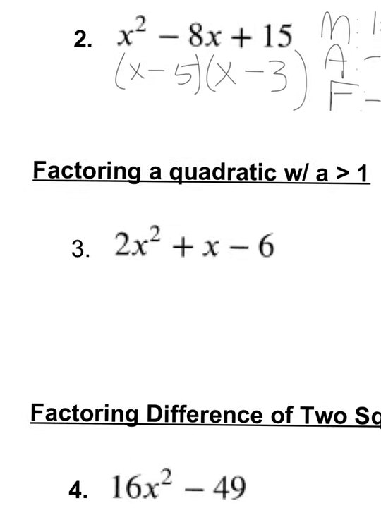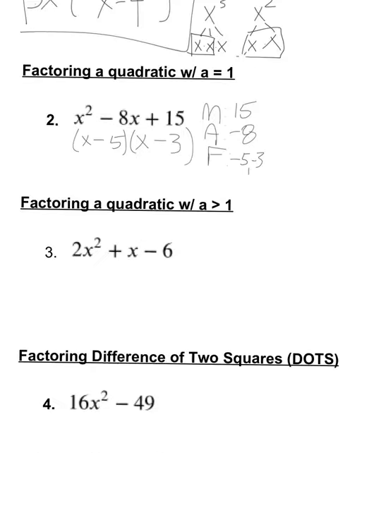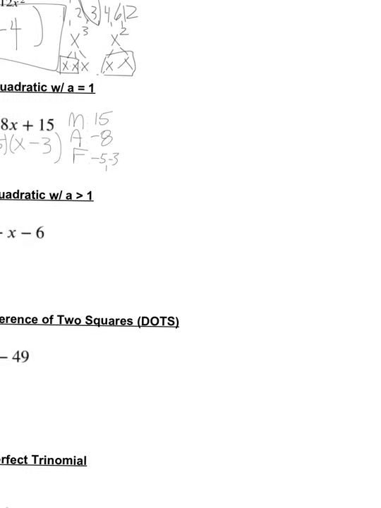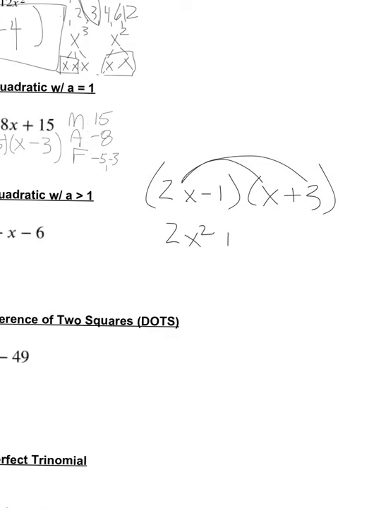Now down here, there's a little bit more going on when our a value is greater than 1. So what do we do when our a value is greater than 1? Let's look at 2x minus 1 times x plus 3. When we distribute this out, we get a 2x squared, a 6x, a -1x (I could have just written -x, but there's a reason I wrote the -1x), and then a -3.